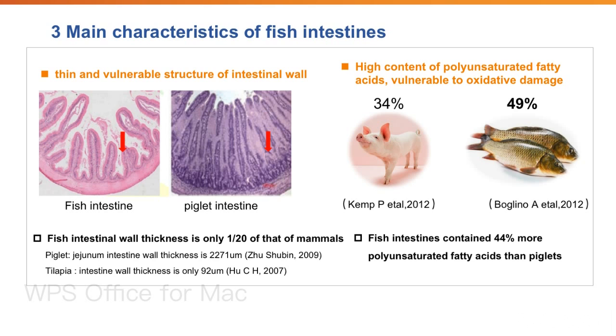First, the structure of the wall of the intestine is thin and vulnerable to damage. The following two figures visually show the differences between the structure of aqua intestines and a piglet's intestine.